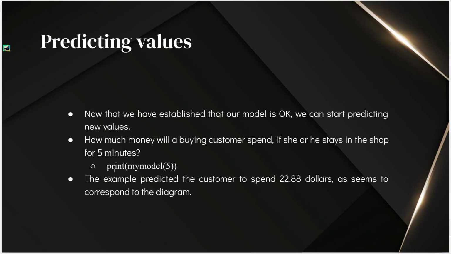We can do this by using the code snippet here. print(mymodel(5)), time in minutes. So when you run this, it will print out $22.8, and this is what the scatter plot also suggested, the polynomial regression line and the scatter plot.